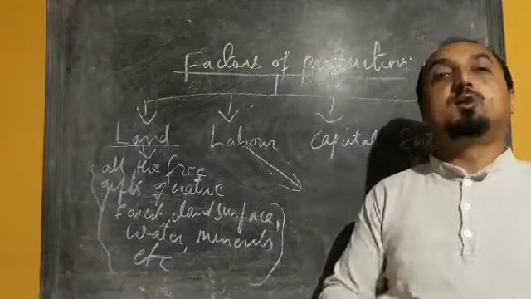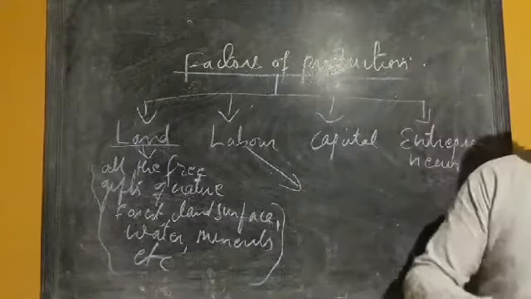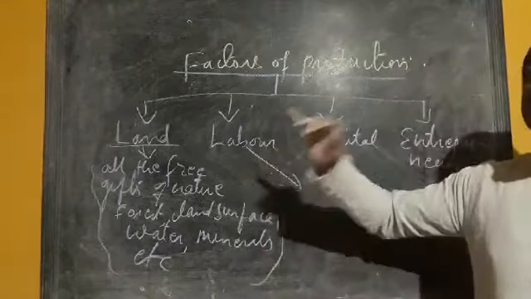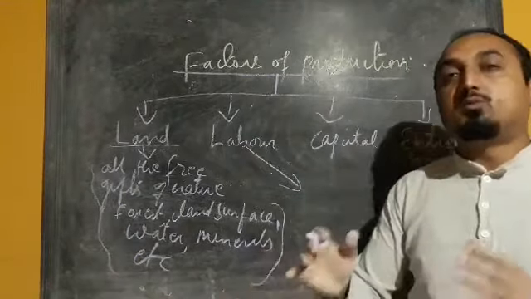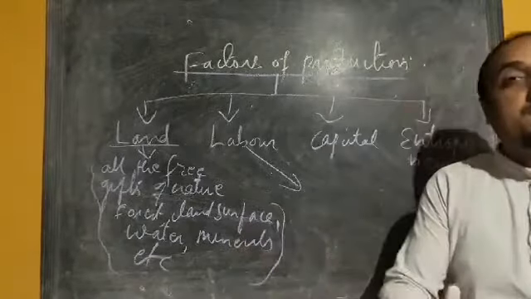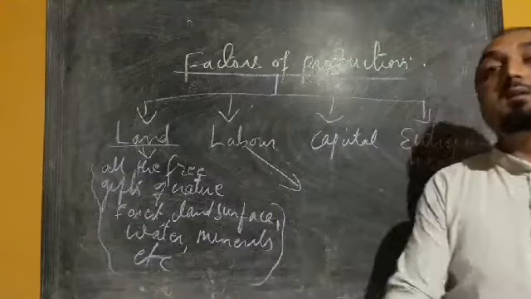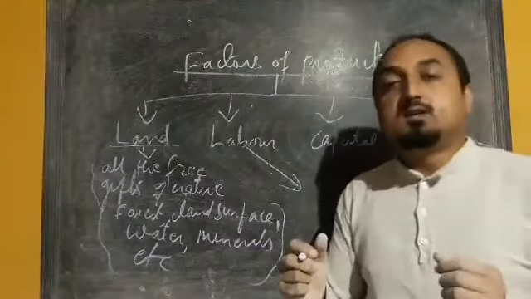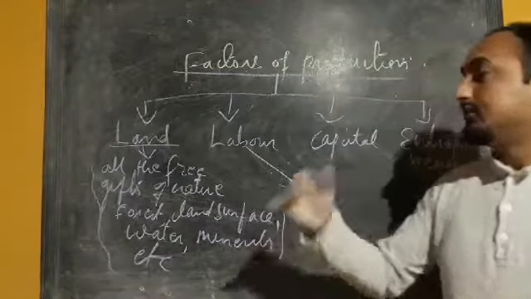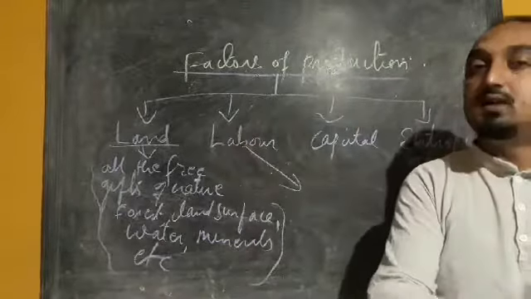Skilled means the one who is trained, those who have got some experience in that particular field. The physical labor means the one who is using his physical power, like porters, construction workers; that all comes under unskilled labor.